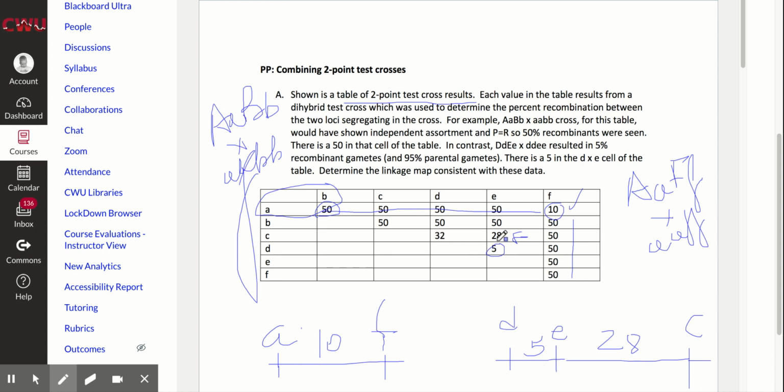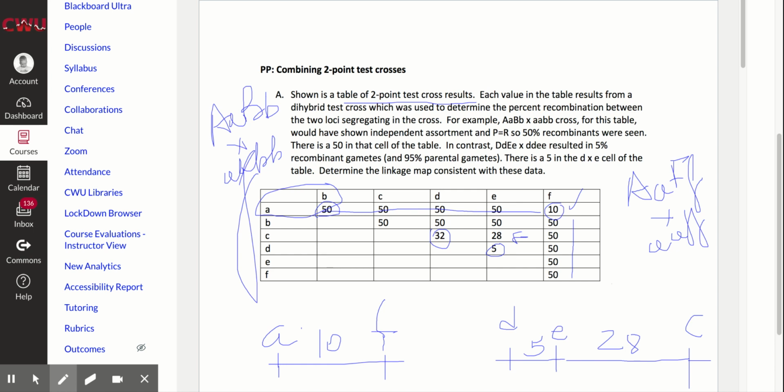Now notice that 28 and 5 adds to 33, but we have 32 in the table. That's because there are double crossovers. And the further apart things get, the more likely there are to be double crossovers. Each double crossover makes it look like there was no crossover.